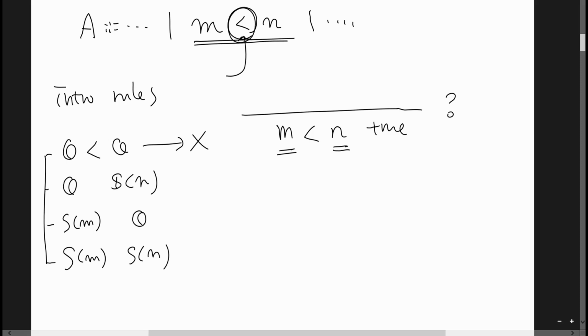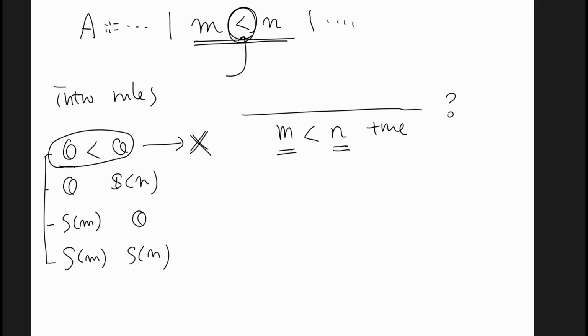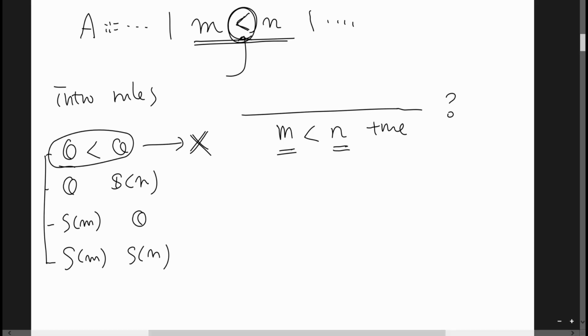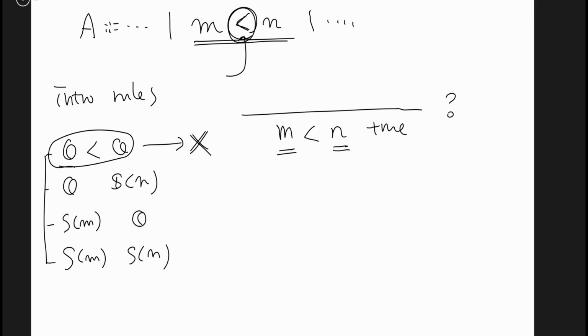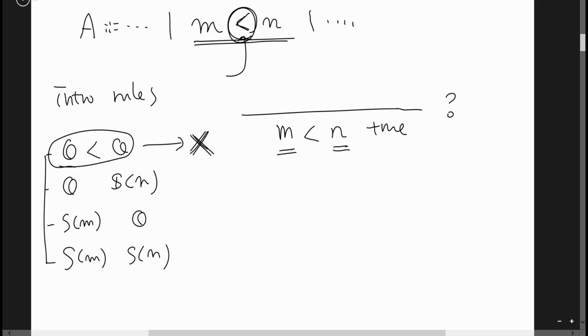And we decided to disallow this judgment because that doesn't comply with the intuition that we have about the notion of less than. So we are not going to introduce an introduction rule corresponding to this case because this doesn't make sense according to the intended meaning of this symbol.